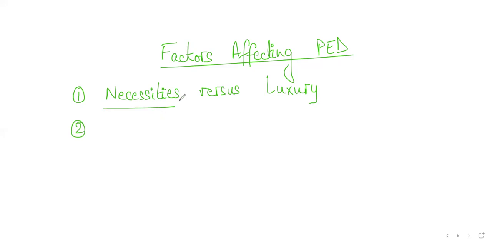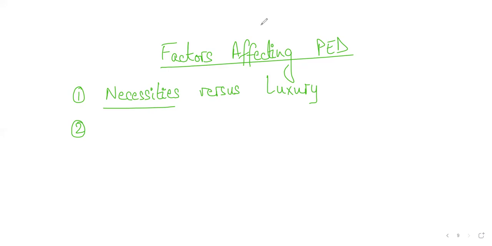So even if a food item is getting expensive, would you buy that? You will. Fuel is getting expensive, but still a lot of people have to buy it, because you can't use your cars without fuel. So that's why the demand for fuel is inelastic.